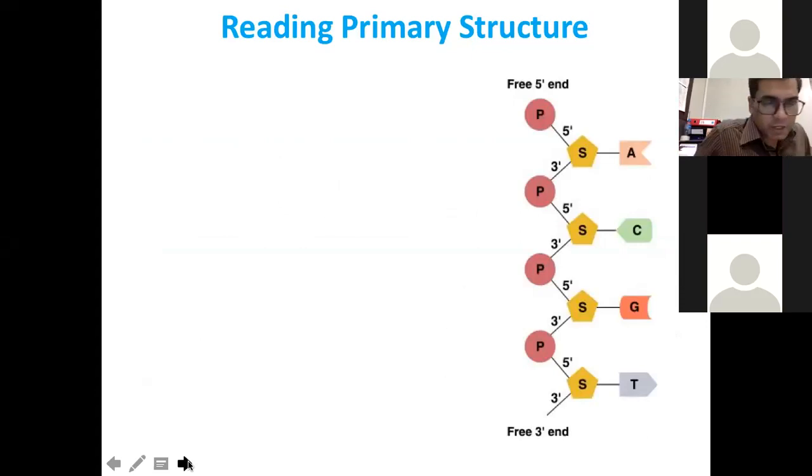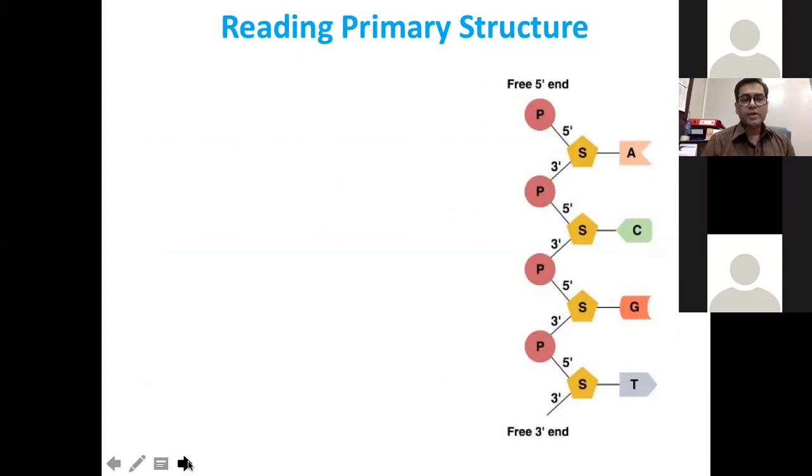Now, we talked about that DNA is a double helical, double-stranded structure. So that means it has two strands. Okay. Now, how to read that primary structure? How to read that single strand of the DNA molecule?